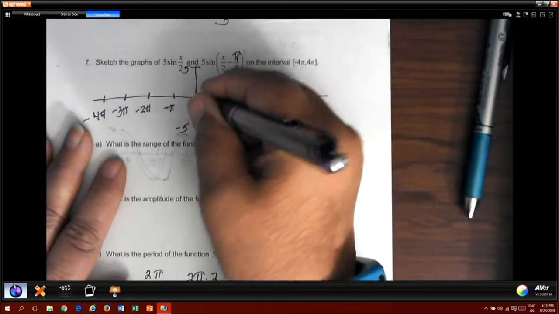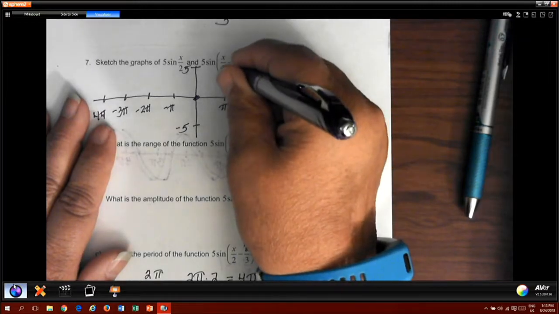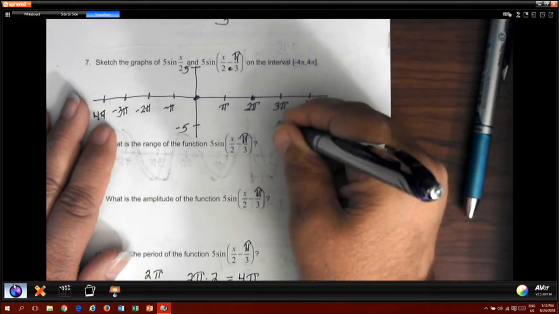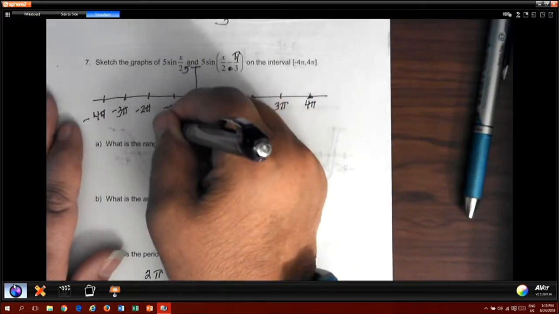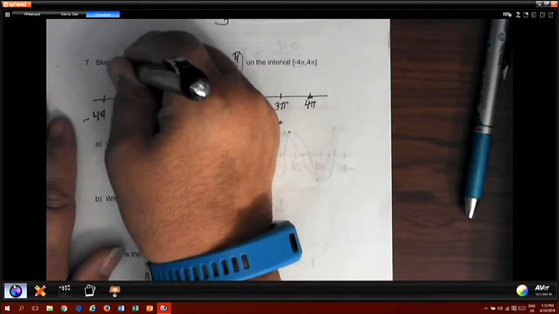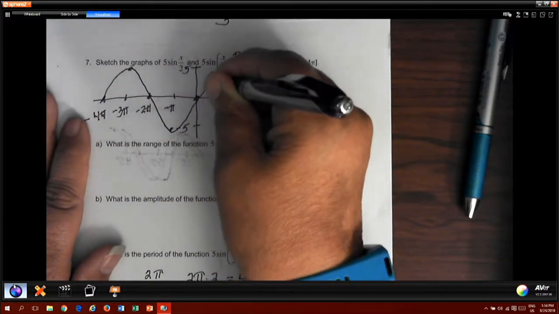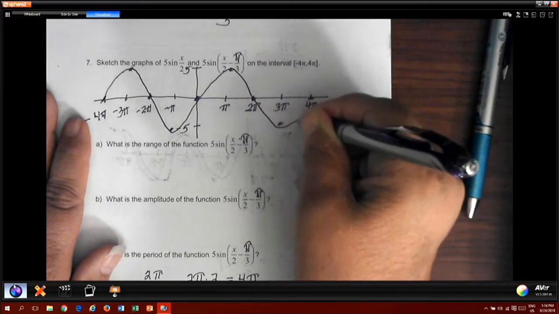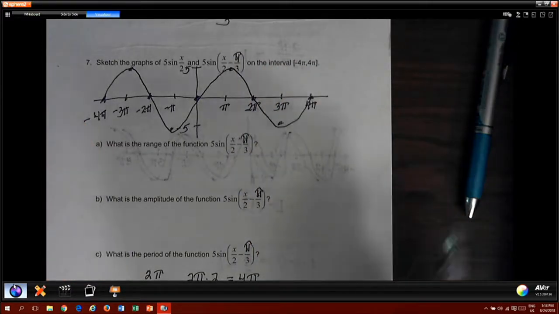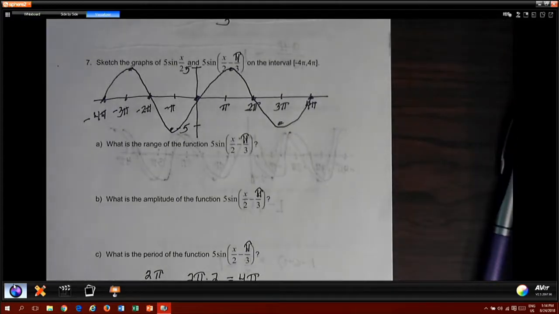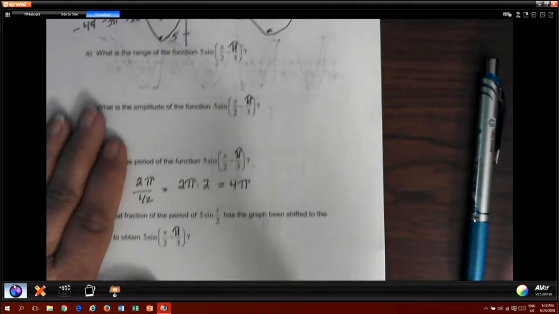And we're looking at sine. So our graph looks something like this. Now we want to subtract pi over 3, which means we're moving it not only a factor of pi over 3, but we're working with our 1/2 as well.